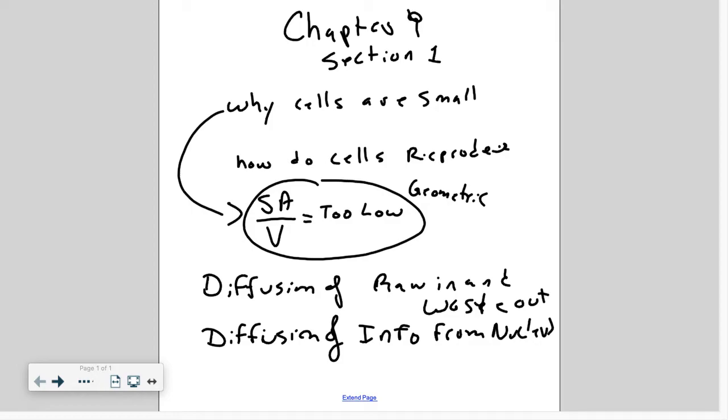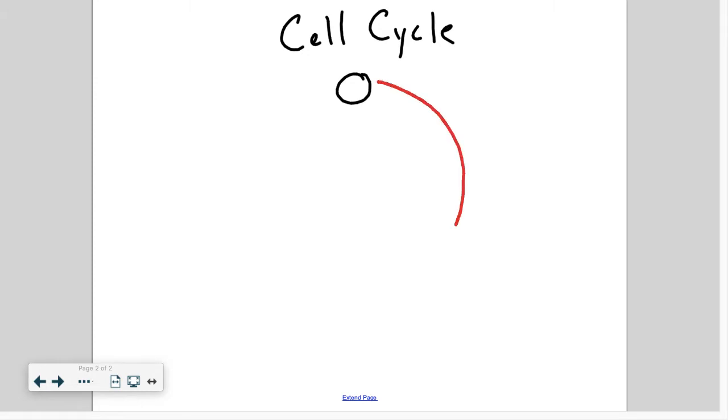So now we'll look at the process that cells go through in their lives. This is called the cell cycle. And the cell cycle is, for convenience, divided into 3 parts. So we'll start with a freshly born cell. That cell will begin its life in interphase.